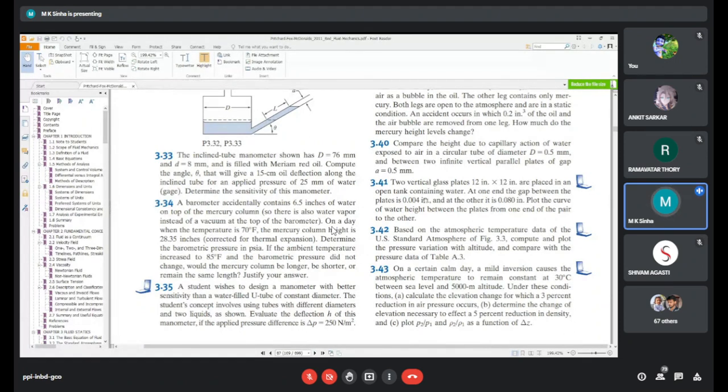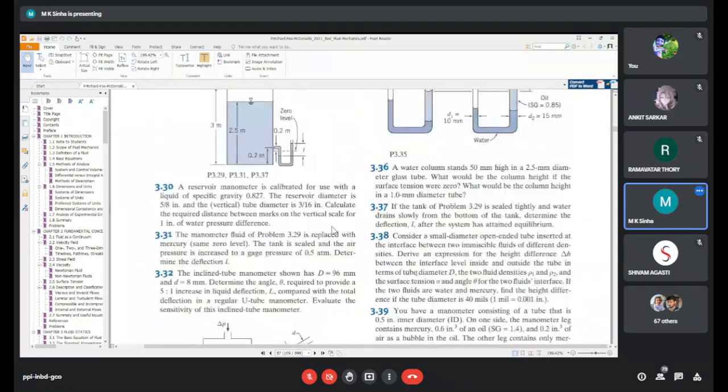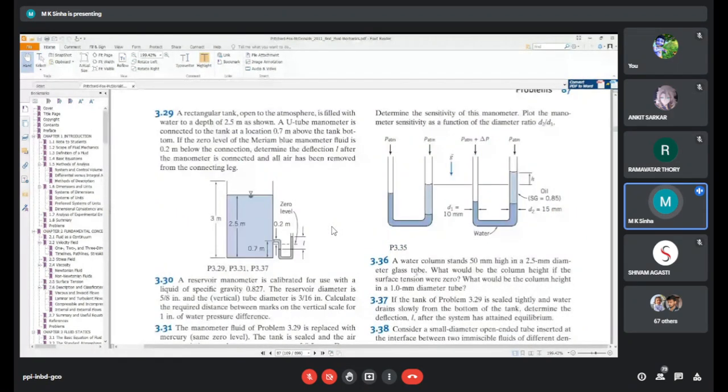Evaluate the deflection H of this manometer if the applied pressure difference is 150 Pascal, or Newton per square meter. Determine the sensitivity of this manometer. Here the figure is shown. This is the change in the rod, the diameter is taken as 15. A specific gravity is mentioned.